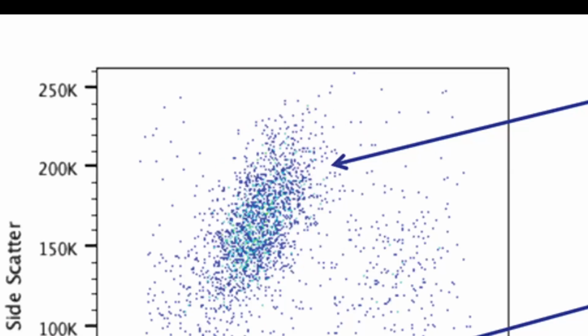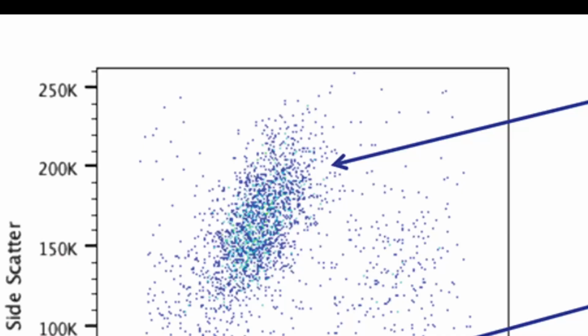As you increase along the x-axis, the cells are bigger. So here are the eosinophils or basophils. Monocytes will appear somewhere here with medium side scatter but large size, and the lymphocytes do not have much side scatter because they are agranular, but with a moderate size.